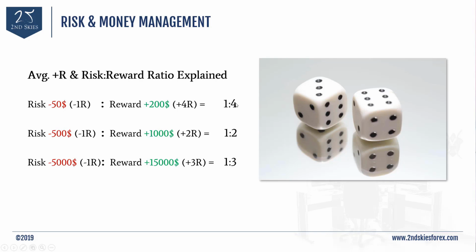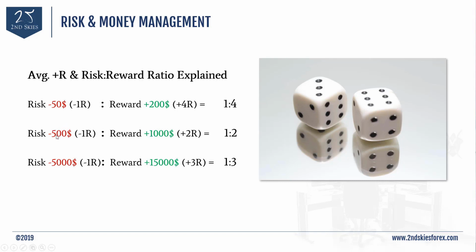You're risking 1 to gain 4, $1 to gain 4, 50 to gain 200. I think it's much simpler to just say, hey, I'm going for 4R. It's one number. It already has built into it implicitly that if I'm going for 4R, it's 4 times 1. I'm always risking 1R, or a multiple of 1R. So I think average plus R is a far better way to express risk than the risk to reward ratio.